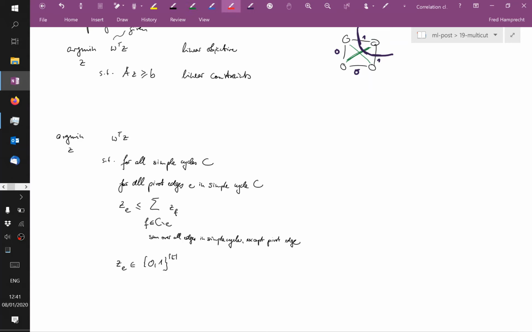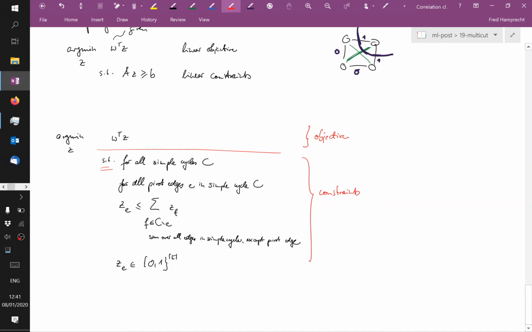So if we look at this kind of optimization problem, the thing on top we call the objective, and the thing on the bottom, everything that comes after such that, these are the constraints.